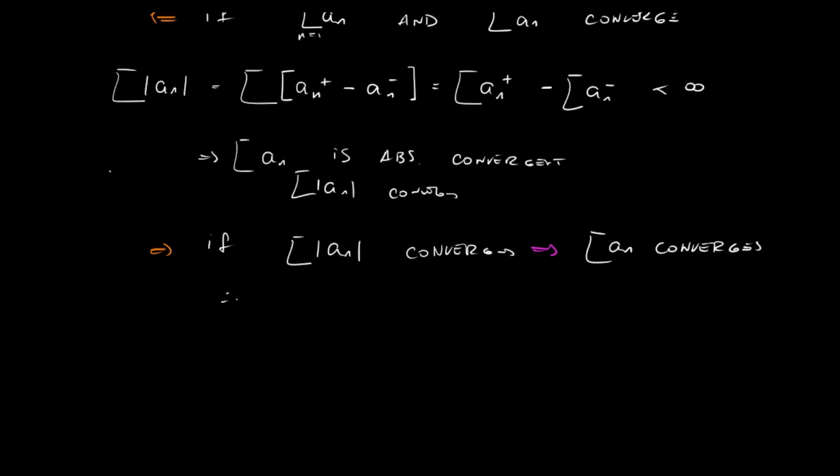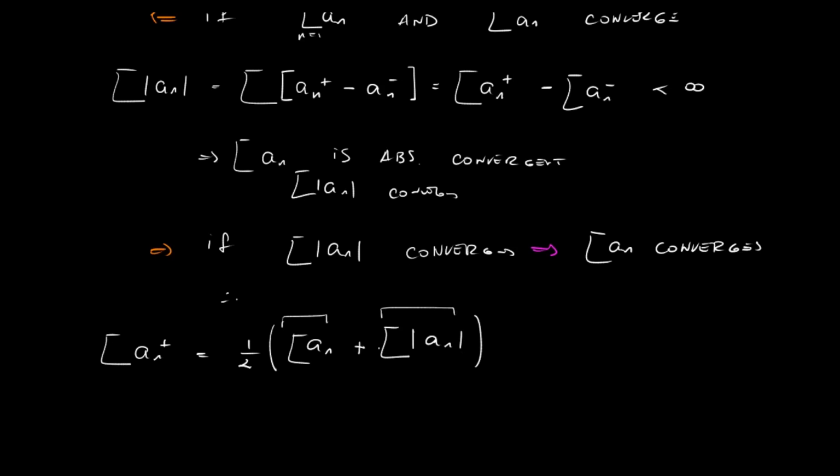So then we can write the sum of a sub n positives as 1/2 the sum of a sub n plus the sum of a sub n with absolute value. But this one converges and this one converges, so it's a number plus another number divided by 2. It's just another number.